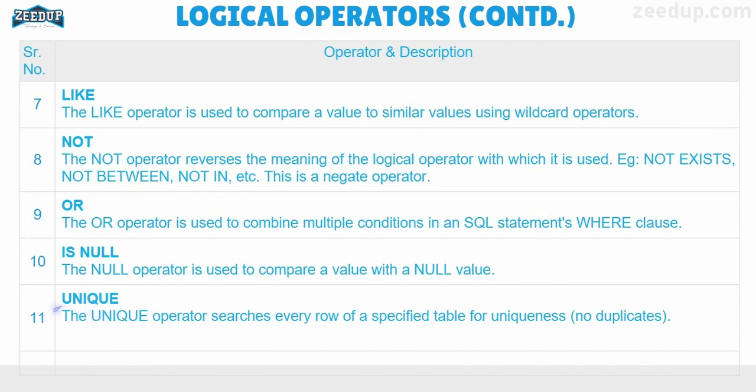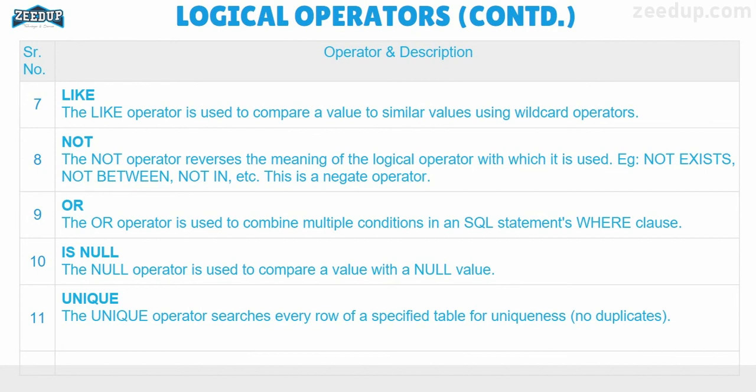The next logical operator we have is known as the is null operator. It is used to check whether a value is null or not. If it is null, then it returns true, otherwise it returns false. The last logical operator we have is known as the unique operator. This unique operator searches in the table whether all the values that are mentioned are unique or not.